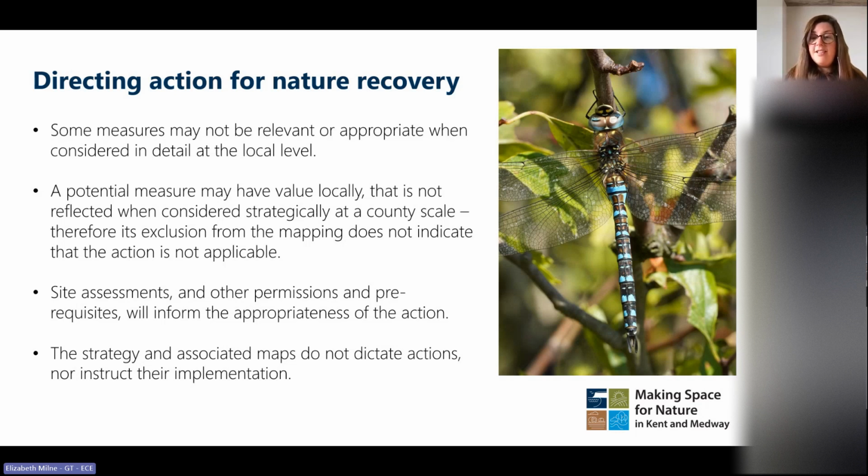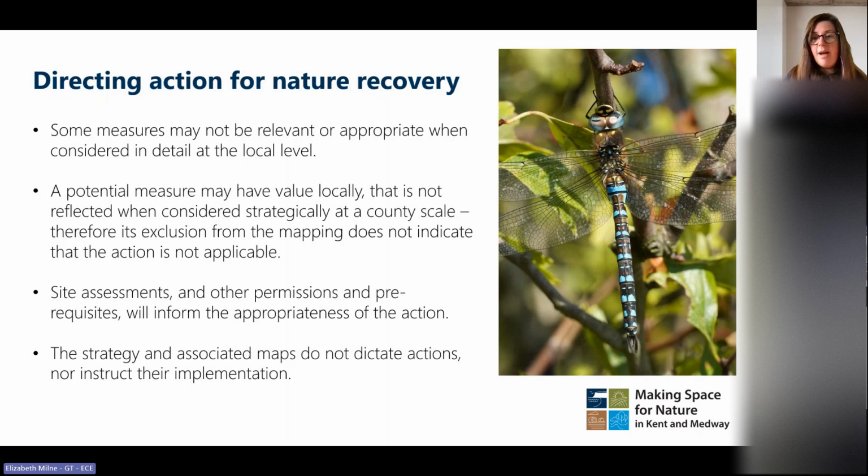And as I said, the strategy and associated maps do not say you can just do this, but they also don't instruct their implementation or dictate the action to happen there. So on the one hand, you might not see something mapped there. That doesn't mean it shouldn't happen. It's just not considered a strategic priority area.